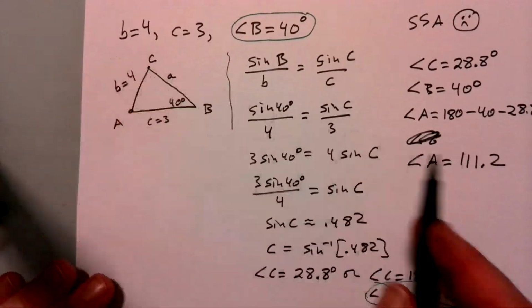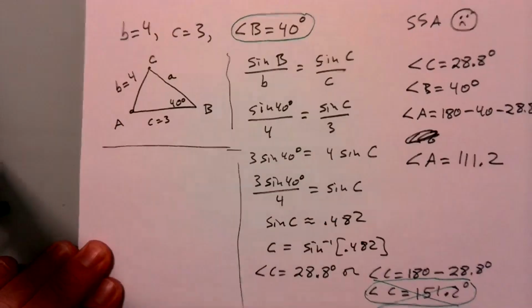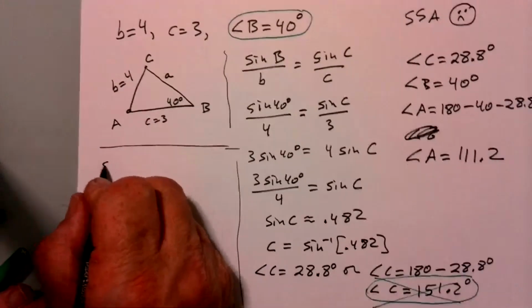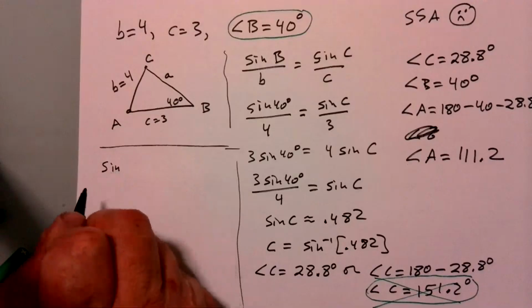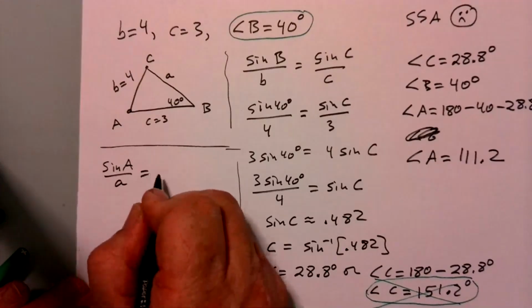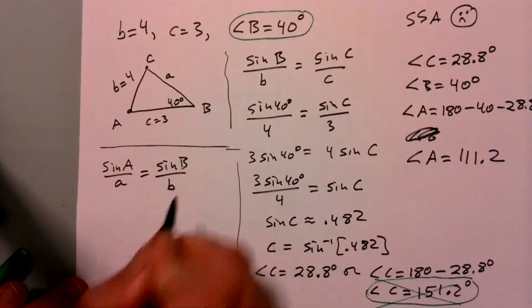I have angle A, B, and C. I am just missing little a. So if I'm missing little a, I will use the law of sines to go ahead and solve for that. So that, of course, is sine A over a equals either sine B over b or sine C over c. Sine A, we have angle A now, over little a, we don't have that, is sine B. We know what angle B is, over little b.